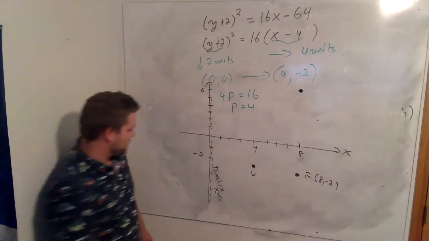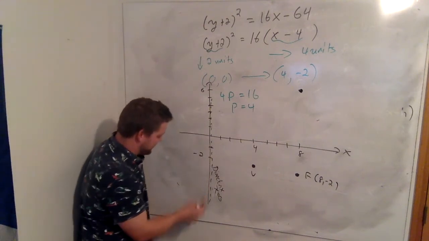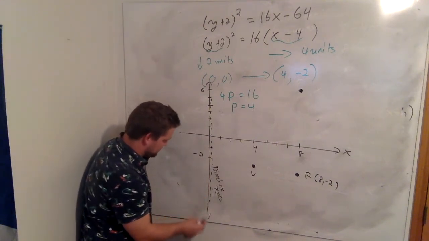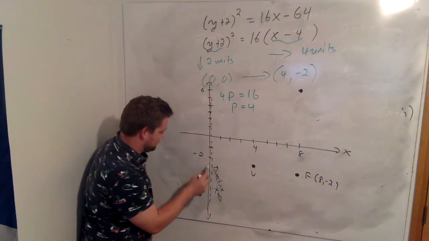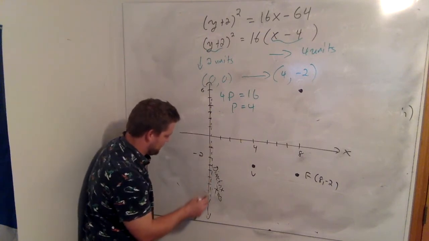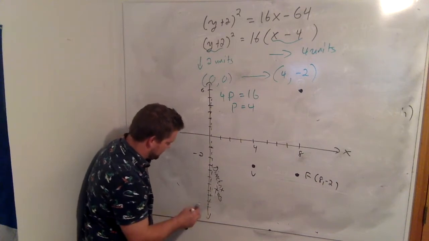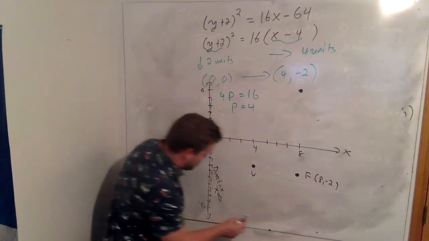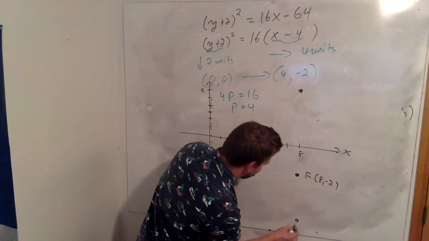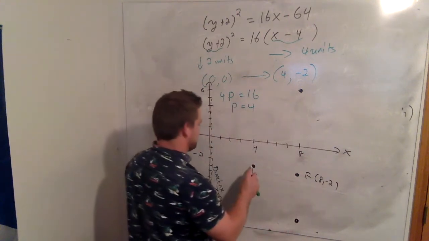Looks like I still don't have quite enough room. I need to go 8 units down. Okay, just for the sake of my board space, so -2, 1, 2, 3, 4, 5, 6, 7, 8. So now we'll be at -10. This will be the other point on our parabola, and now we can sketch it.